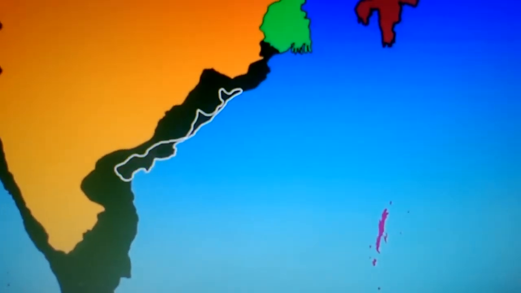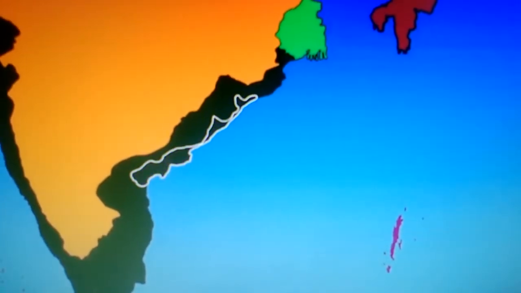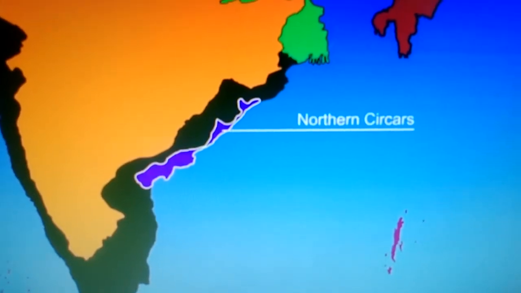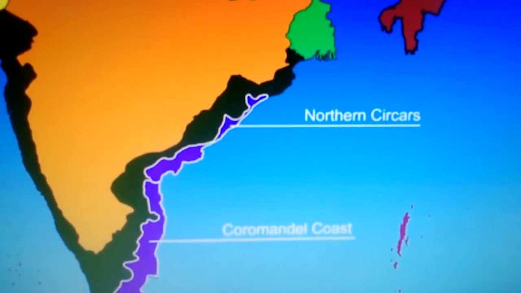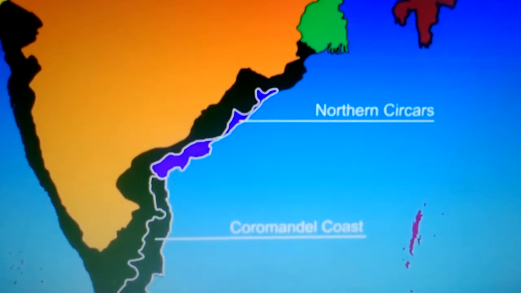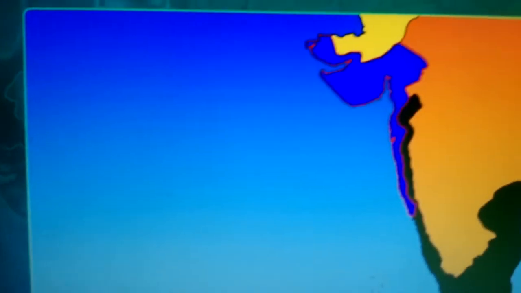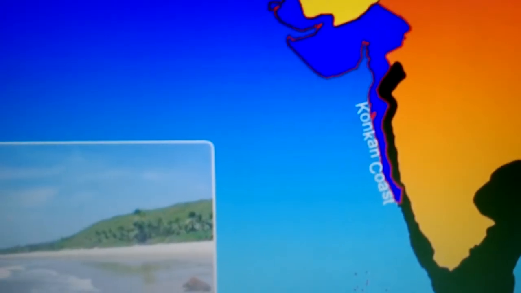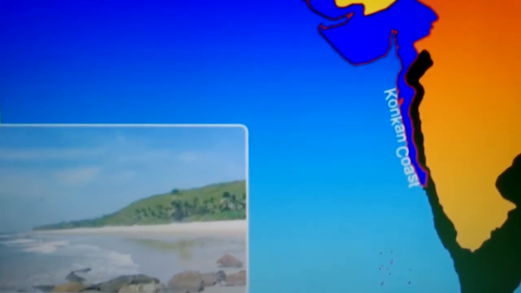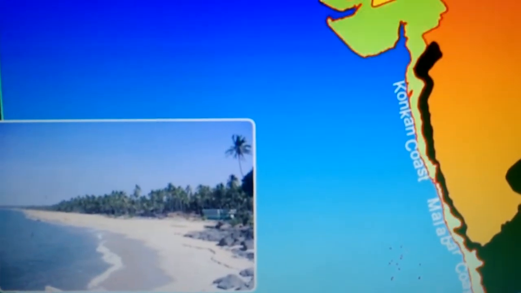The northern part of eastern coastal plain is called Northern Sircars, and the southern part is called Coromandel Coast. The northern part of the western coastal plains is known as Konkan Coast, while its southern part is called the Malabar Coast.